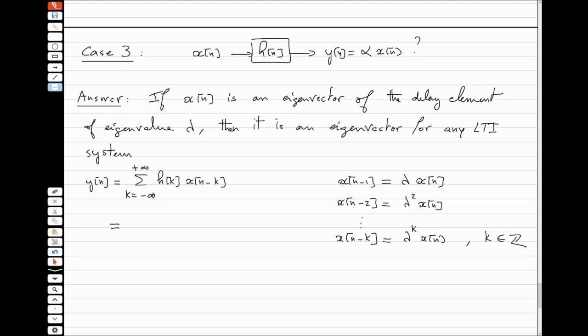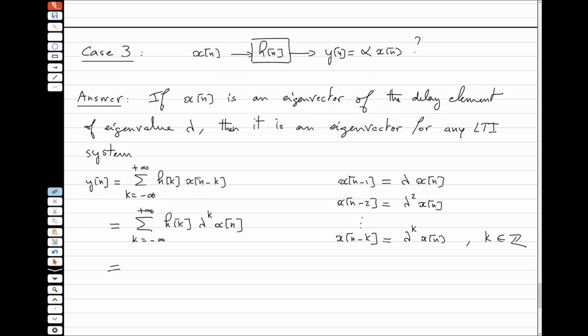So here, what do we have? We are going to have the sum of h of k lambda to the k x of n. Now look at this. What's happening here? This is a sum over k. This depends on k, right?